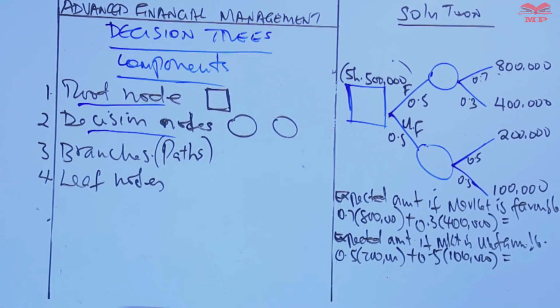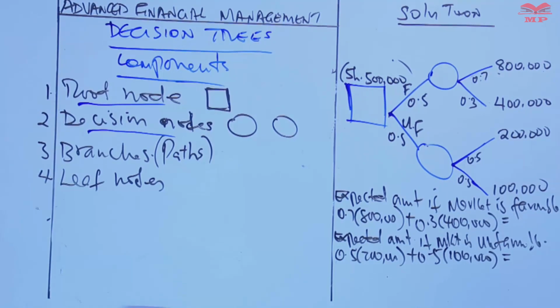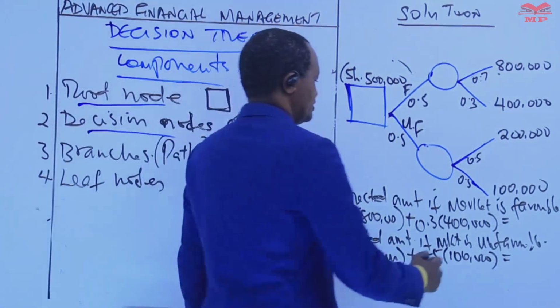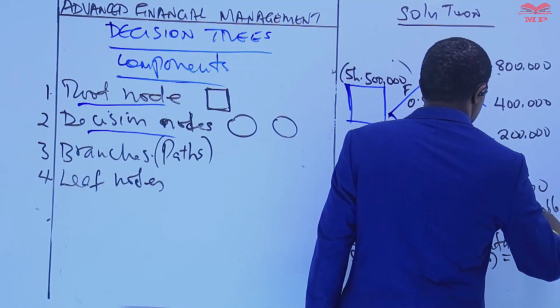What is the favorable expected value? Felisa says 680,000. 680,000.